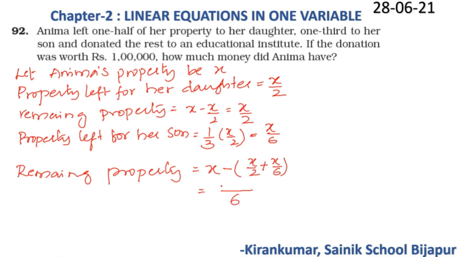If 6 is the LCM, this will be 6x minus 3x plus x. This is minus, right? Minus of, so this will be negative. So 6x minus 4x is 2x upon 6. We get it as x by 3.